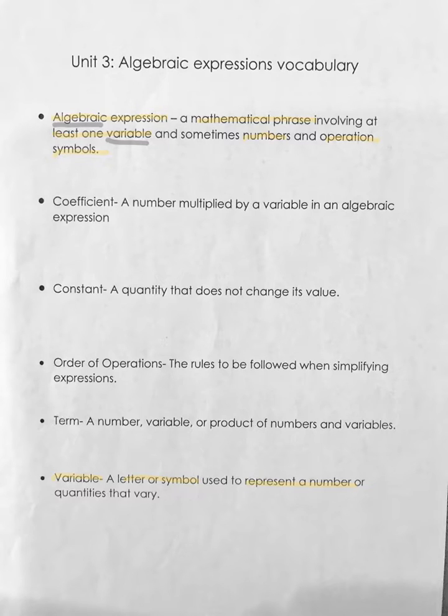Our example of an algebraic expression could be 4 plus 5 minus 2 times b. I know this is going to be an algebraic expression because I've got my variable right here at b, and I've got numbers as well as operation symbols. Therefore, that checks all the boxes to be an algebraic expression.